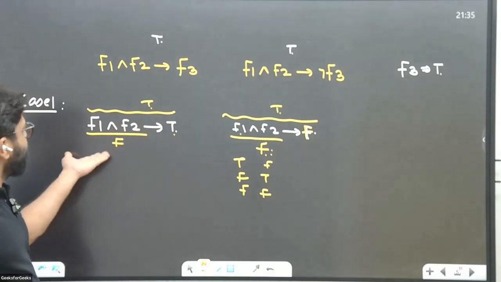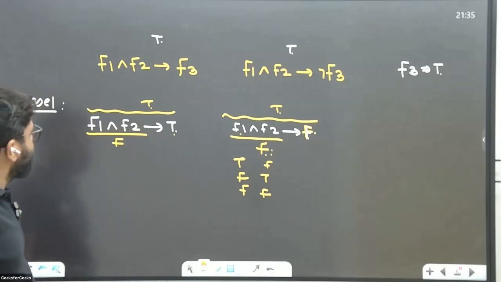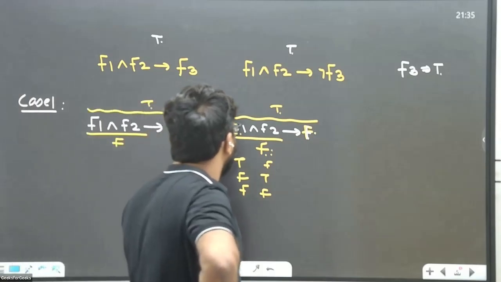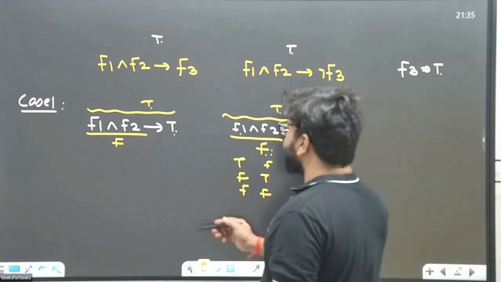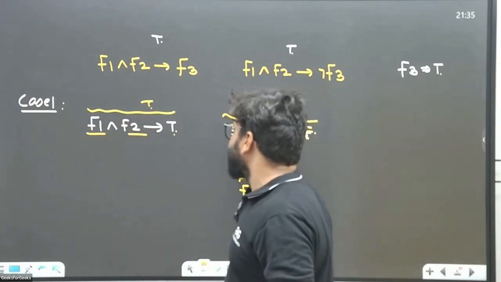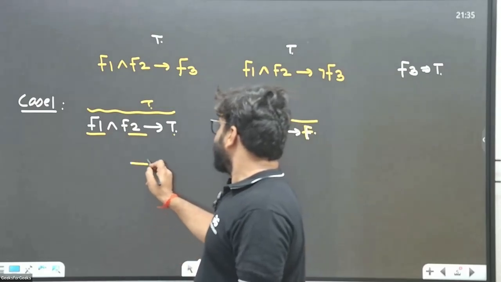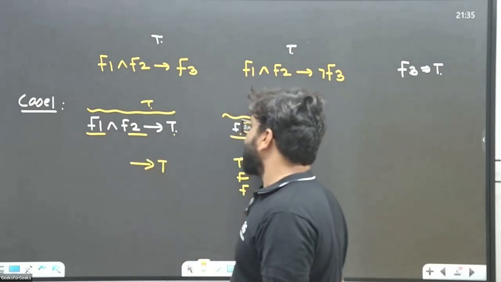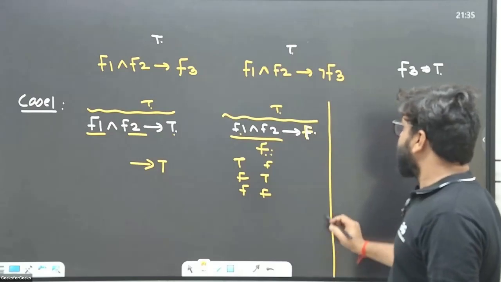Even if I take all the cases of this, there would not be any problem. Still, it will become true, because it does not matter on the values of F1 and F2. Even if your right side is true, it does not matter. So this is your case number 1.